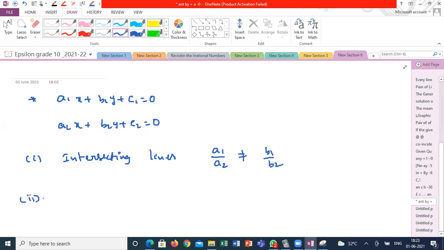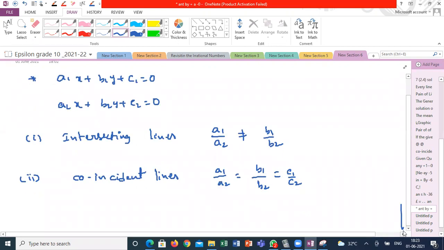The second one is coincident lines. For coincident lines, how to identify: the ratio a1 by a2 should be equal to b1 by b2 should be equal to c1 by c2. The third one, what is the third condition? For parallel lines?